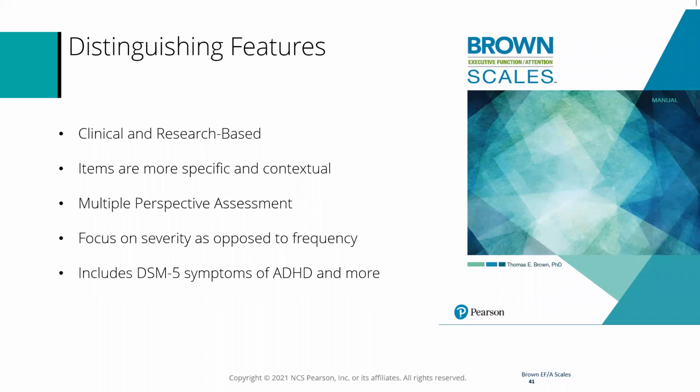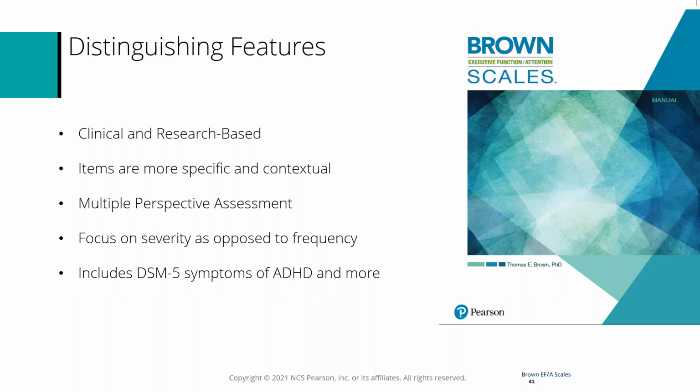In the digital assessment library, you have access to the Brown Executive Function and Attention Scales. And these scales measure symptoms of ADHD directly and quantifiably. There are profile configurations that you can derive from the test results that can then be used to suggest possible diagnoses or other hypotheses.